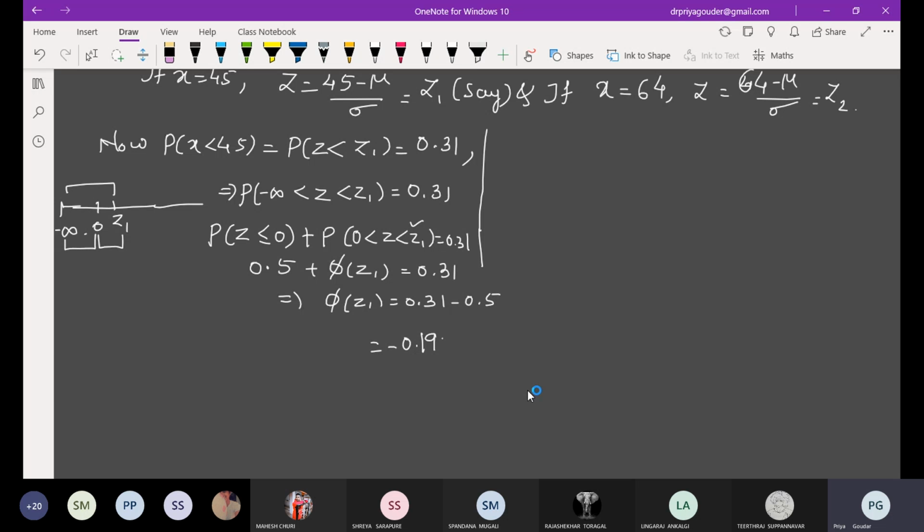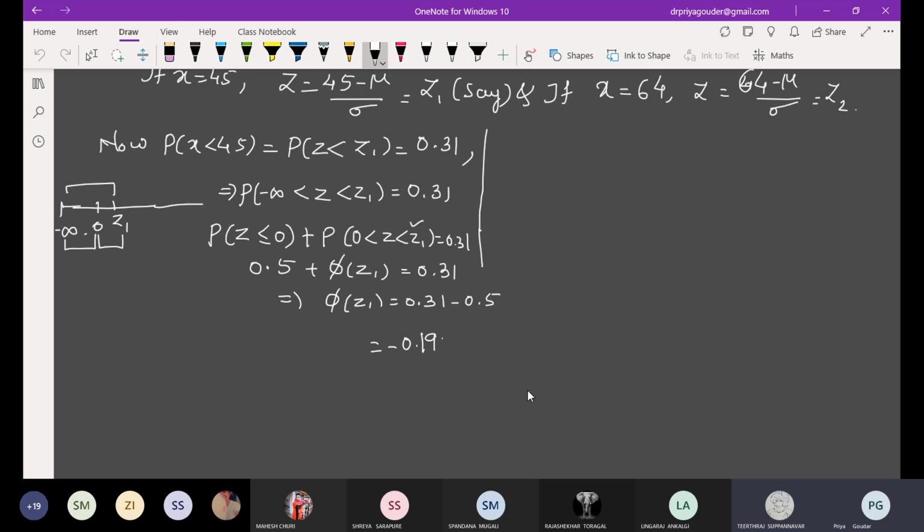Now to save time, I'll just tell you: take phi of 0.5 in the calculator and find it out, please. Phi of 0.5 is how much? 0.1914.